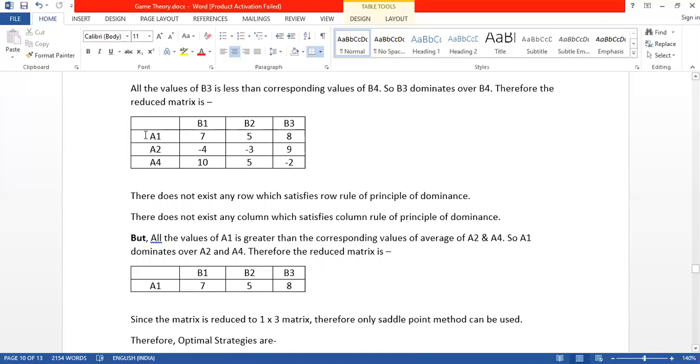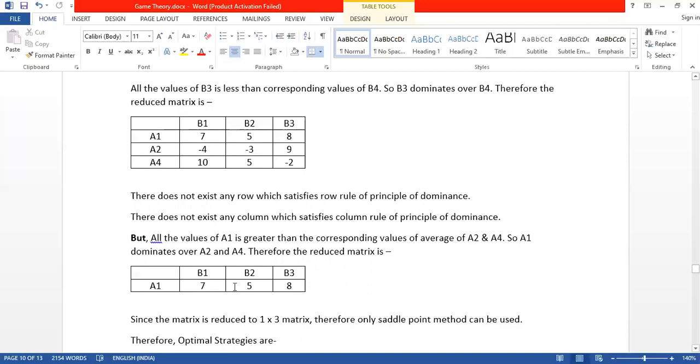That means values of A1 are greater than values of the average of A2 and A4, right? That means A1 is dominating over this average value, correct? So that is what has been mentioned. So A1 dominates over A2 and A4. So we don't require A2 and A4 as A1 is dominating.